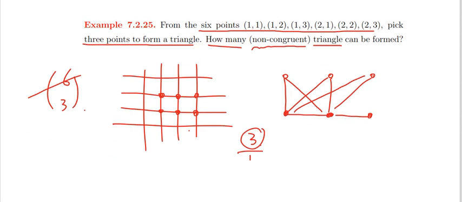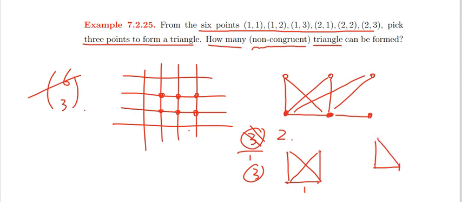If this side is 1, then we have 3 triangles, like this one, and this. Oh, I'm sorry, only 2, not 3. These 2 triangles are the same, right? So such a problem is type 2. Only this one and this one. We have only 2 different triangles.